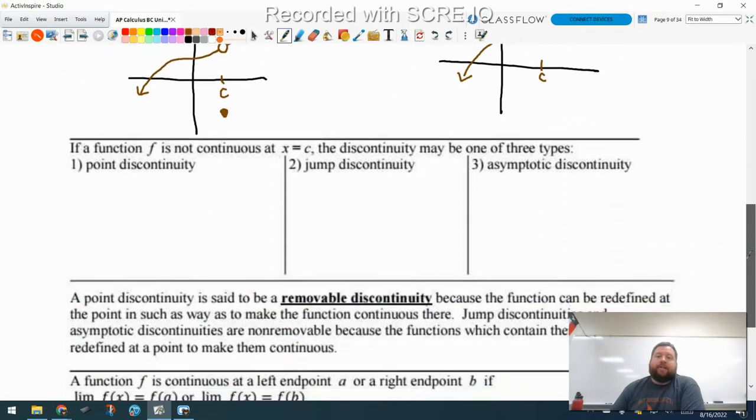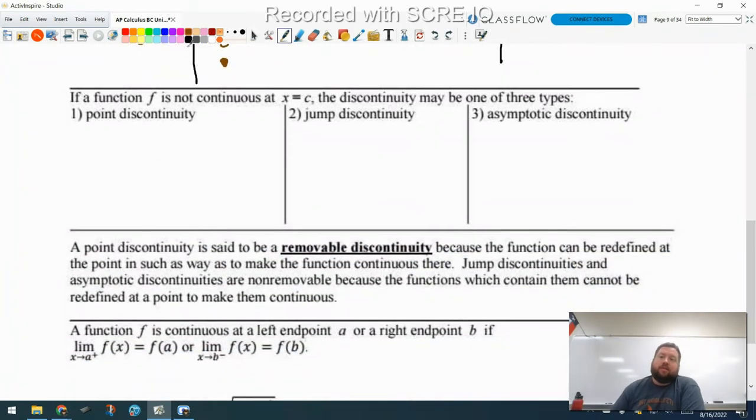All right, so there are three types of discontinuities. So if a function is not continuous at a point, x equals c, then it will fall into one of these three types. All right, a point discontinuity is where you have a hole. All right, so this is also called a hole. A jump discontinuity is where you have a limit that approaches different values from the left and the right.